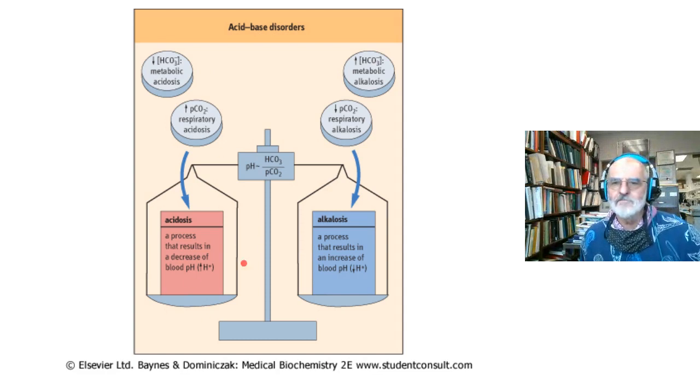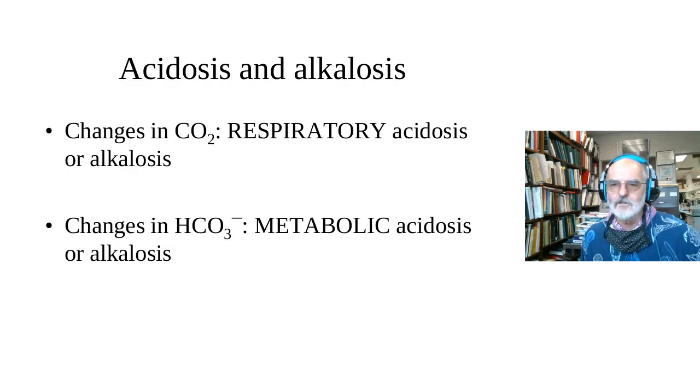Okay, so what I was just doing was showing you the fact that there's this balance between acidosis and alkalosis. It's controlled by the log term, the ratio of the base over the acid. The numerator can go up or down, and the denominator can go up or down. It depends on if it's a metabolic or a respiratory change. The change in the CO2 concentration, which is respiratory, controlled by breathing in and out, can be either acidosis or alkalosis.